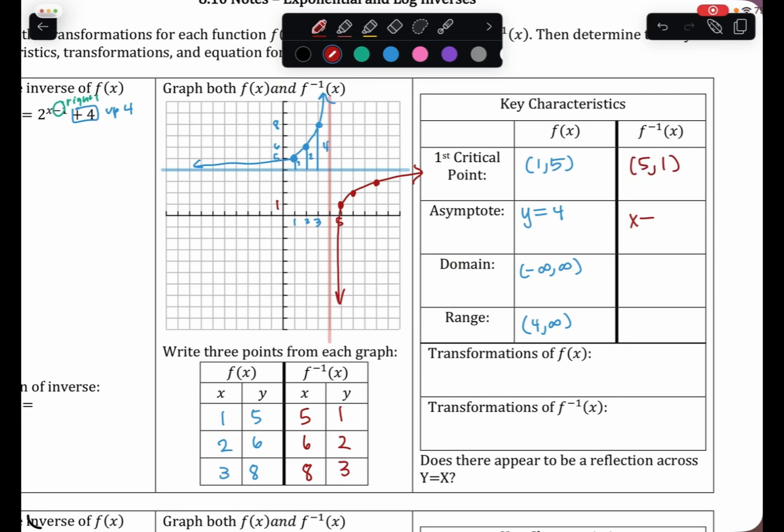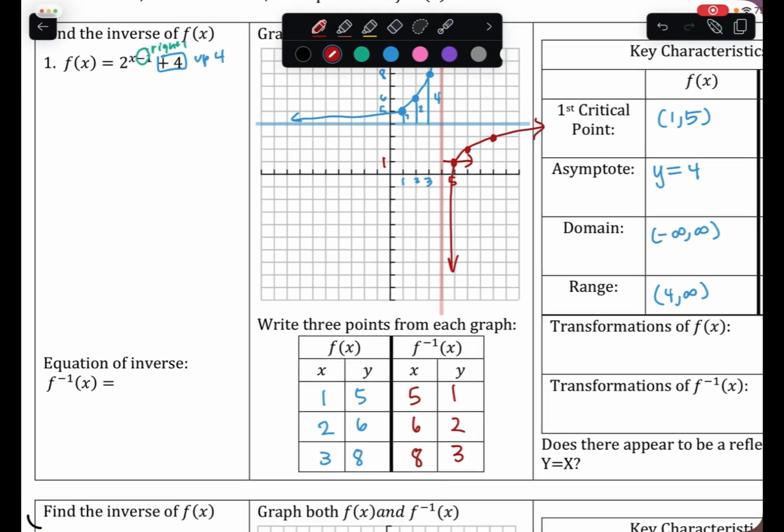The asymptote is at x equals 4. The domain is everything to the right of the asymptote at 4. And then the range, it's going up forever, and it's also going down forever, so all real numbers.